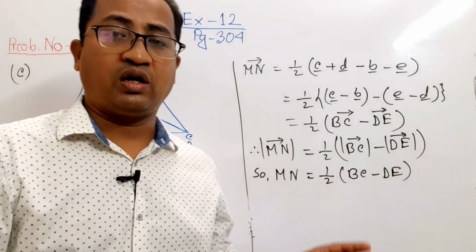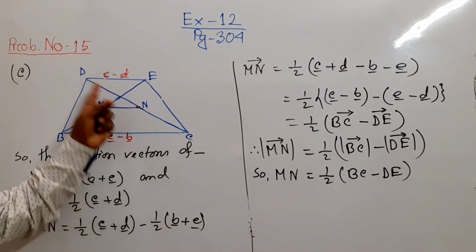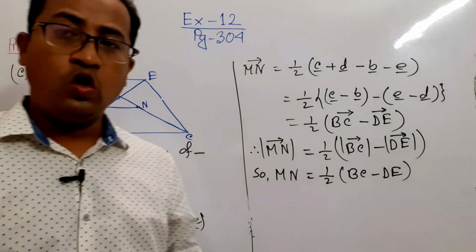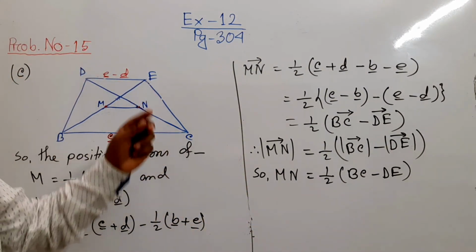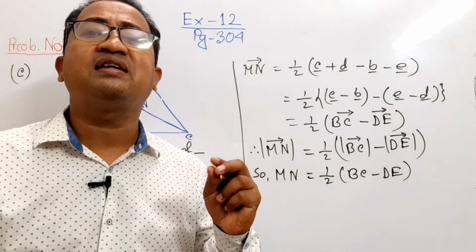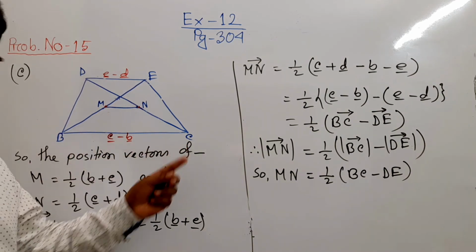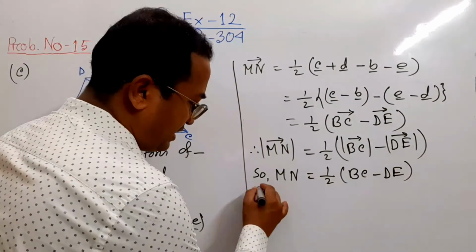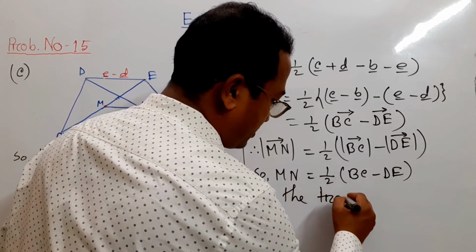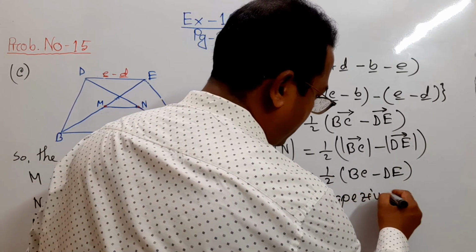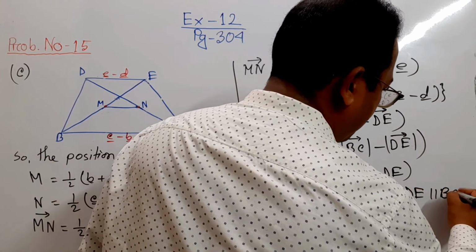Now next, we will prove that MN is parallel to DE and BC. Look, DBCE is a trapezium and DE is parallel to BC.